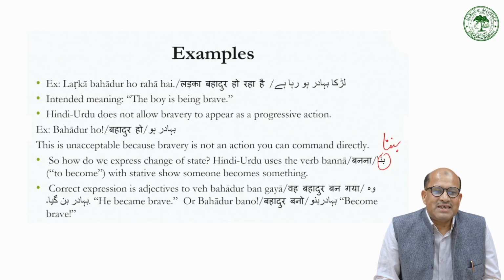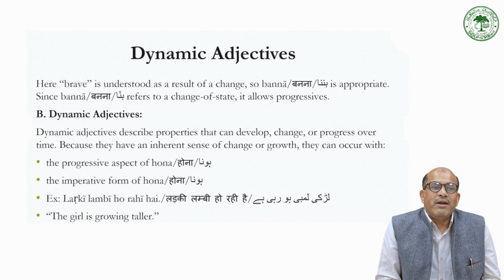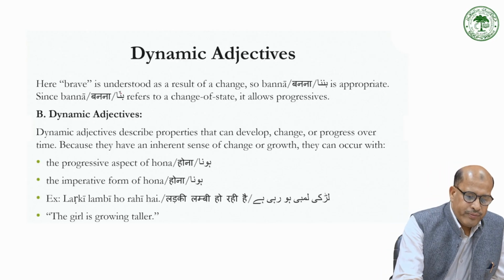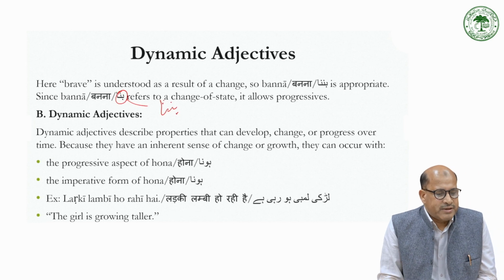The correct expression with adjectives is: तो वह बहादुर बन गया, वो बहादुर बन गया, he became brave. बहादुर बनो, become brave. Then here brave is understood as a result of the change, so banna is appropriate. So the correct form for banna is like this.